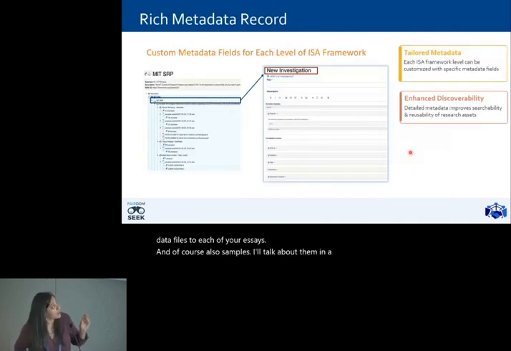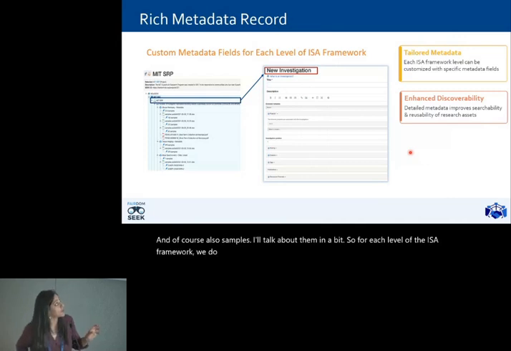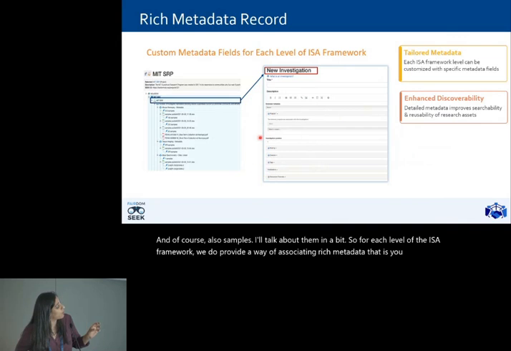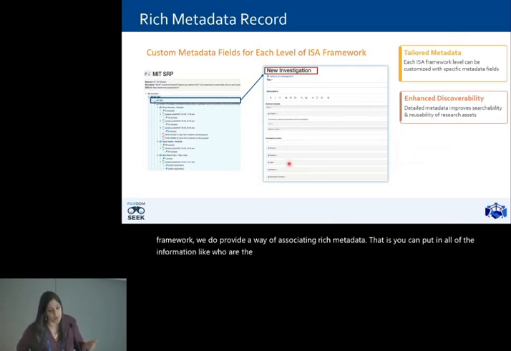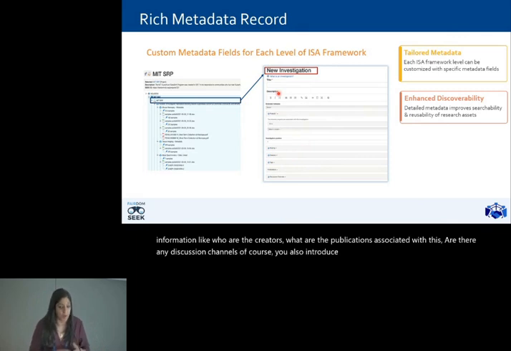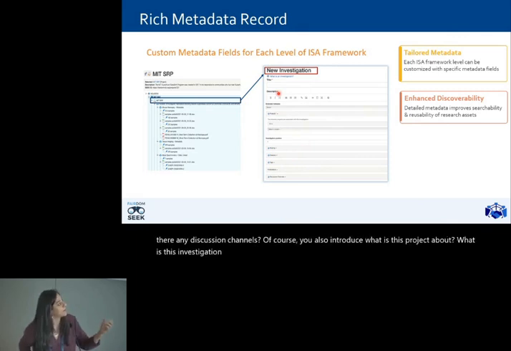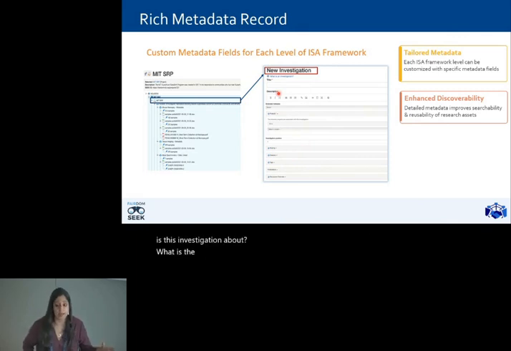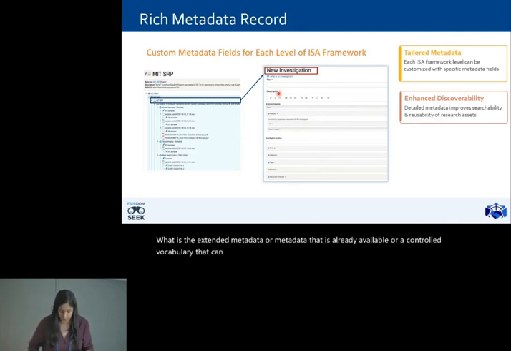So for each level of the ISA framework, we do provide a way of associating rich metadata. That is, you can put in all of the information, like who are the creators, what are the publications associated with this, are there any discussion channels. Of course, you also introduce what this project is about, what this investigation is about, what is the extended metadata or metadata that is already available, or a controlled vocabulary that can be associated to this project.